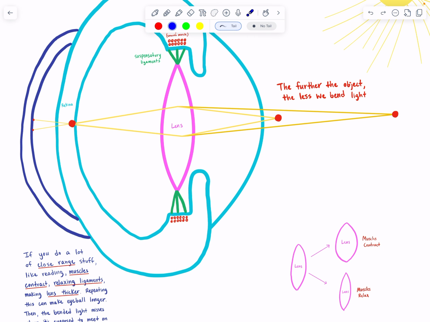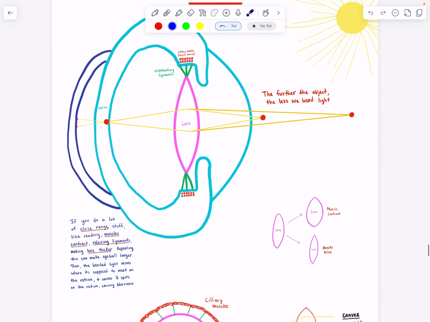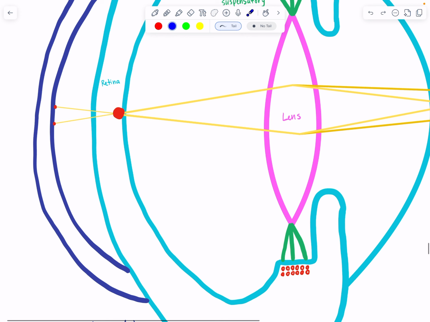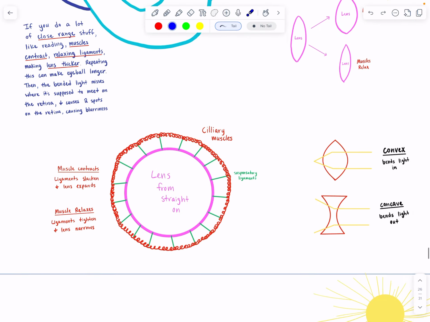The lens gets bigger, which then makes the whole eyeball longer. The light has a further distance to travel, so it continues to cross over, and we end up seeing two spots instead of one, which makes things blurry.